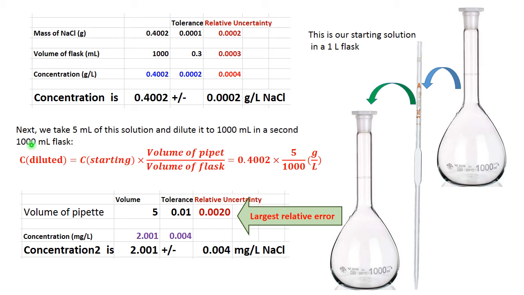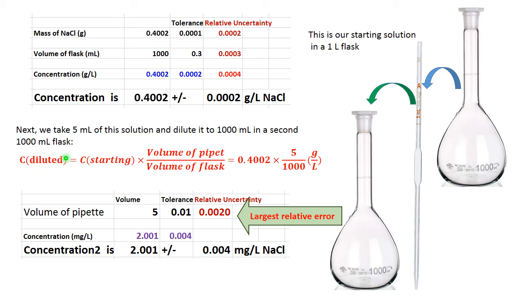Next step, to dilute 200-fold, we take 5 mils of this solution, so that's our 1 liter flask. We take 5 mils by transfer pipette and transfer it into another 1 liter flask.